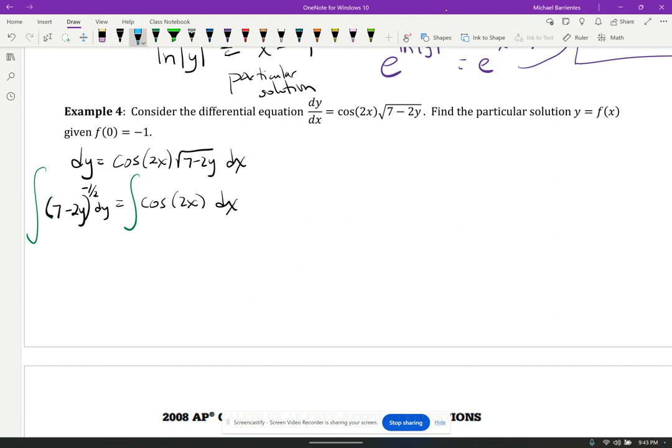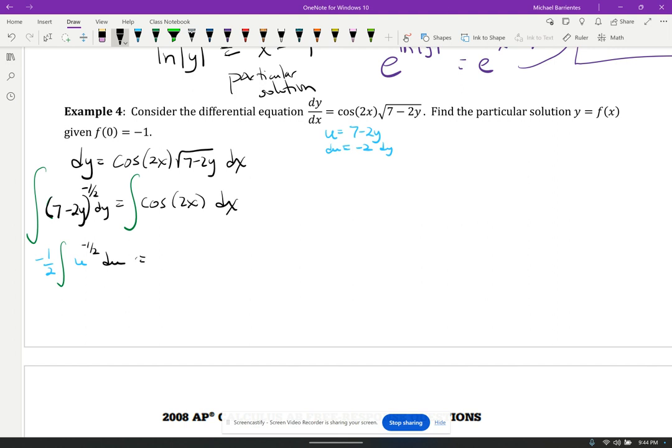So I'm going to do my little u substitution work over here, which says if u is equal to this inside function, 7 minus 2y, then du is equal to -2 dy. And then this I can rewrite as -1/2 integral of u to the -1/2 du. And this is what I'm going to take the antiderivative of, right?